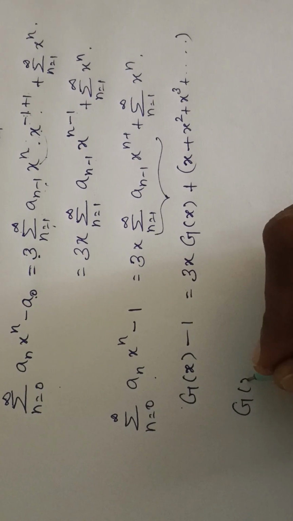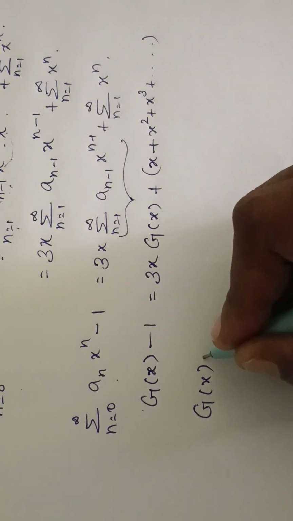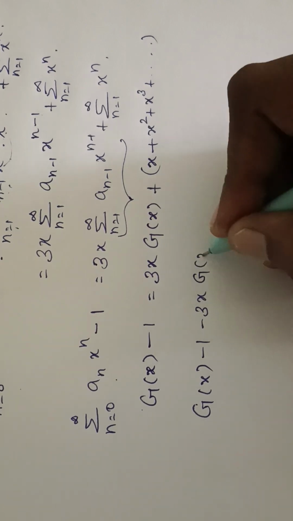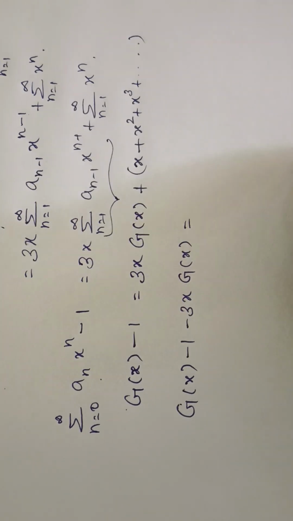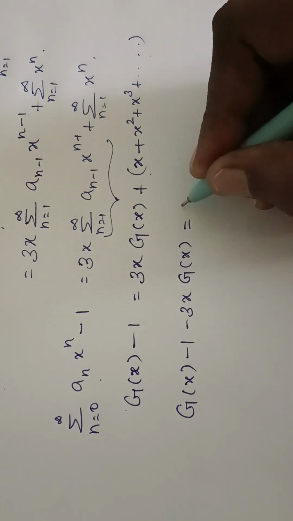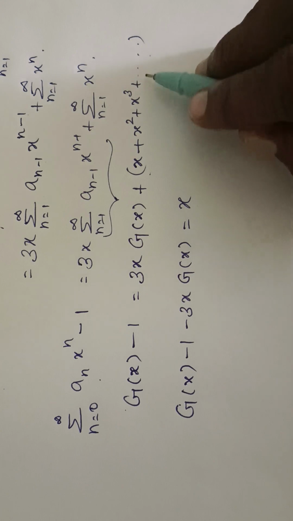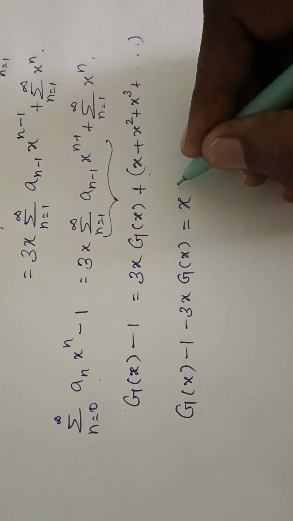So g of x minus 1 minus 3x g of x is equal to, in the right side terms, I can take x common because all the terms have x.